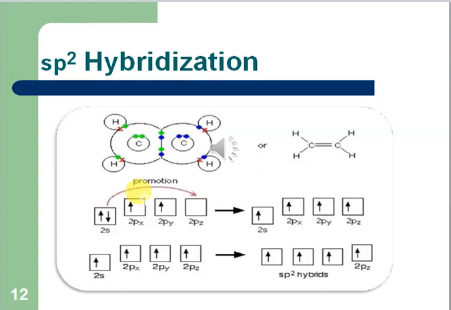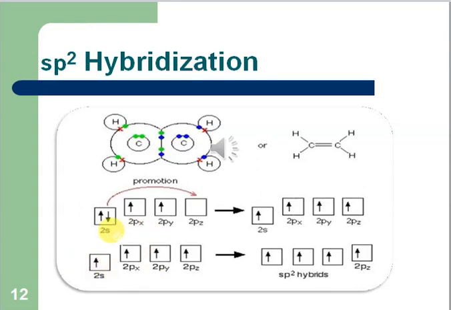Next we see the sp2 hybridization. In sp2 hybridization, again we have a carbon in the excited state. Here we have these orbitals, each of which has one electron, right? What happens when we carry out the sp2 hybridization? One of the p orbitals does not participate in hybridization, so we mix one s and two of the p orbitals.